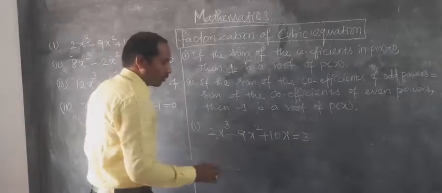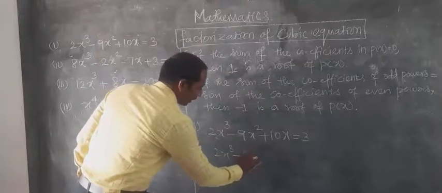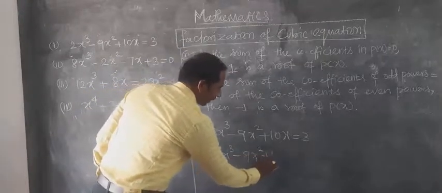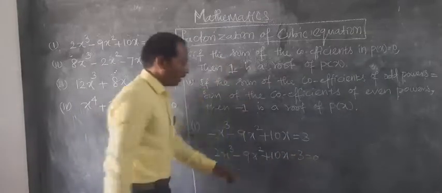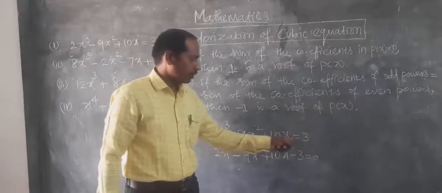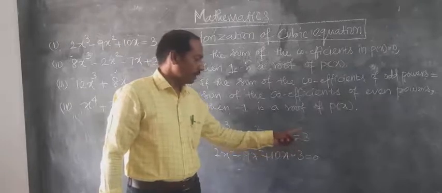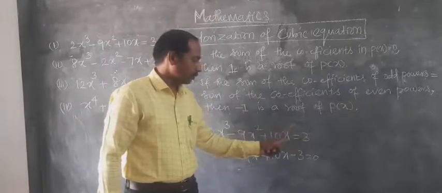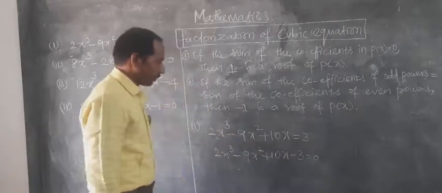So likewise you want to make it: 2x power 3 minus 9x square plus 10x minus 3. Already I told you, any number that comes from the right hand side to the left hand side automatically gets the opposite sign. Here positive 3 comes from the right side to the left side, so it will get negative 3. This is the first procedure.